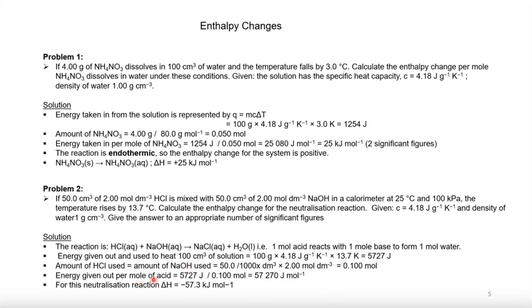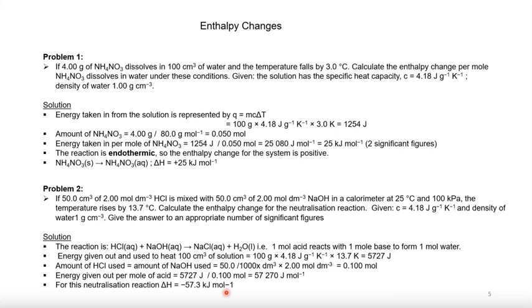The reaction took 0.1 mole of hydrochloric acid and 0.1 mole of sodium hydroxide. So now, energy given out per mole: this was the calculation of Q, and we divide it by 0.1, and therefore we get 57,270 joule per mole. The significant figure is 3 figures. Therefore, we keep it 57.3 kilojoules per mole, minus 57.3 kilojoules per mole.